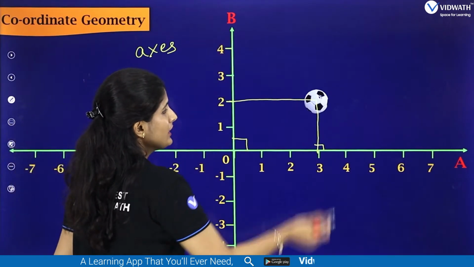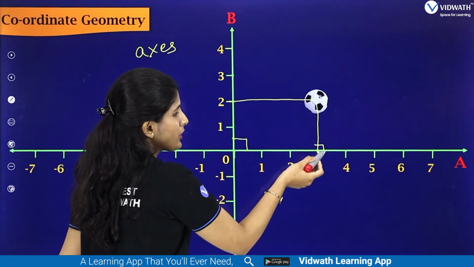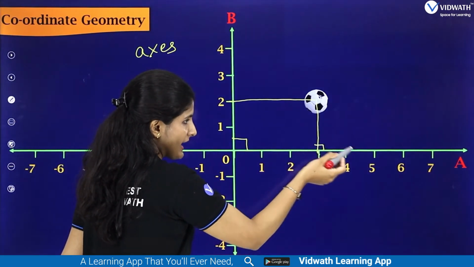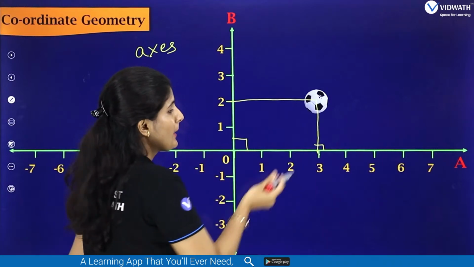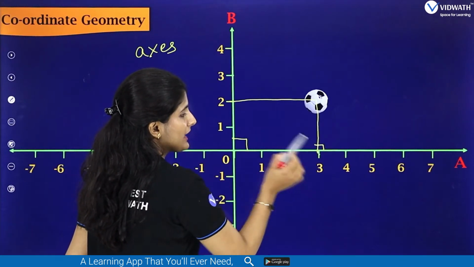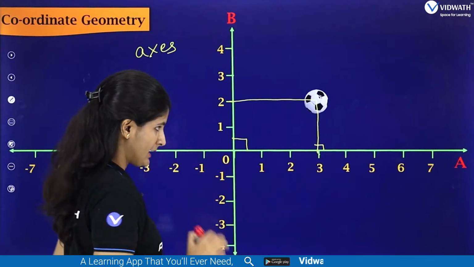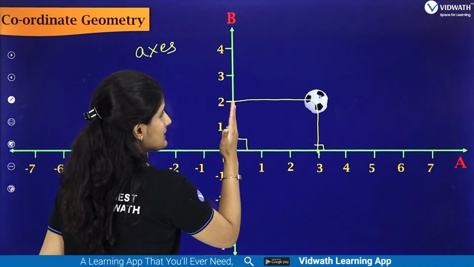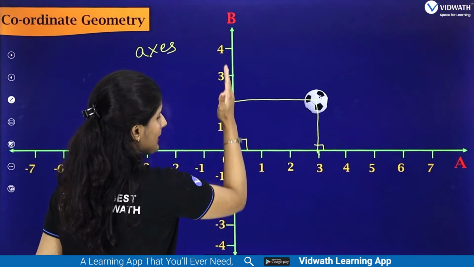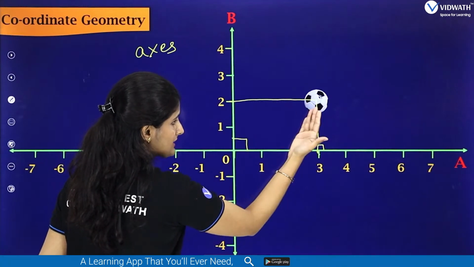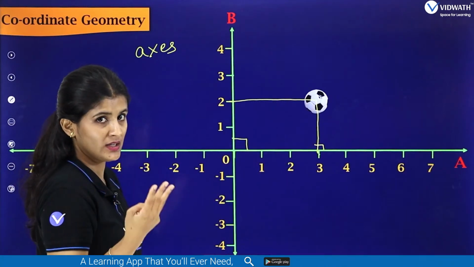If you notice here, the perpendicular from the ball to the A axis or the A number line meets this number line at the point 3. That means the distance of this ball from the line B to the right side of it is 3 units.